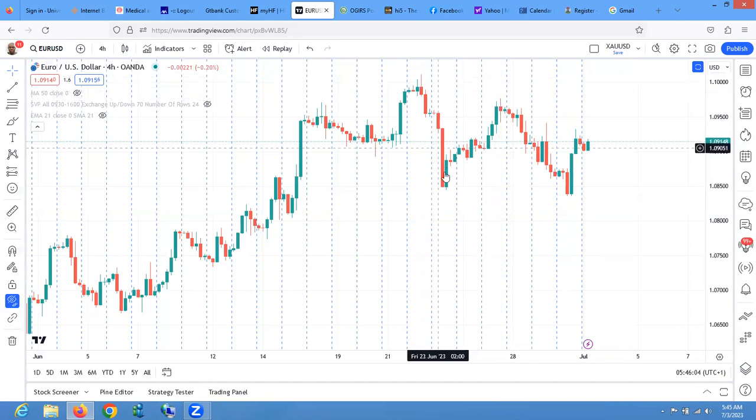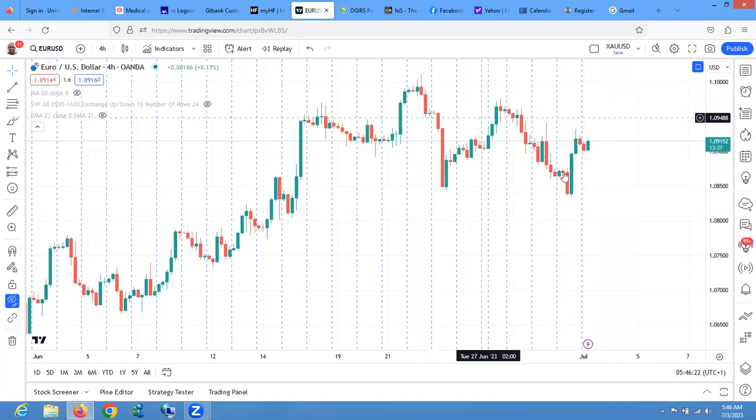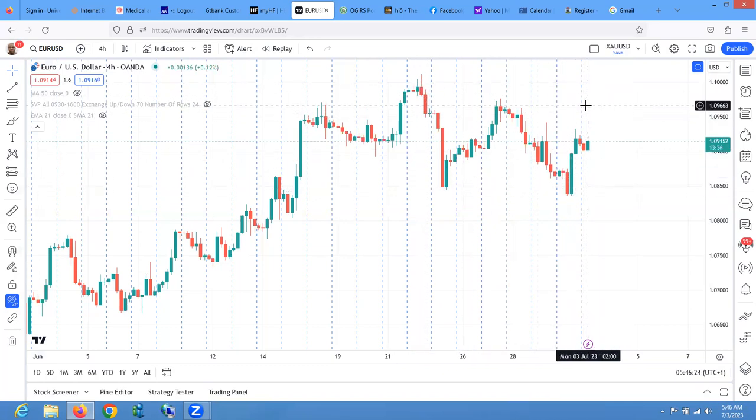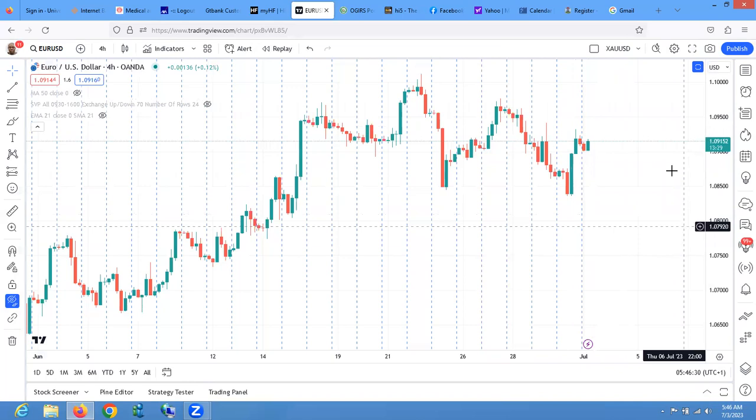This could well be an A, B, and a C. What if they decide to make it a WXY? We must also know that it could be a WXY, whereby the entire run here, ABC, becomes an A, this becomes an X. We now have to run a double zigzag to the downside, ABC again to finish Y, before we run up.